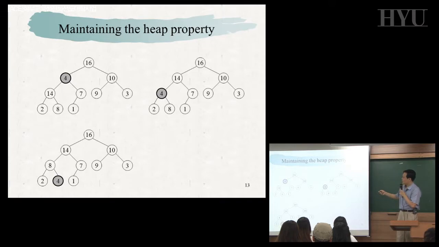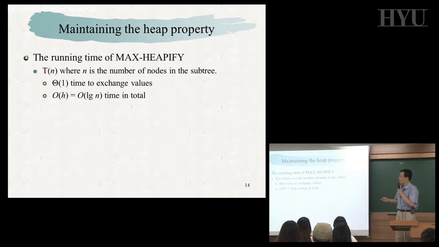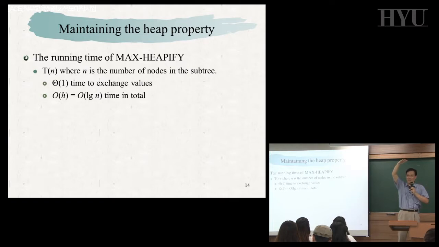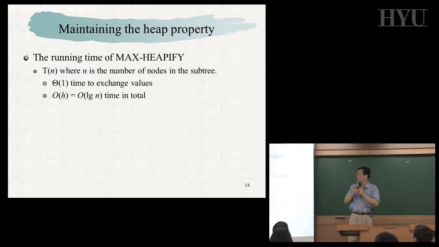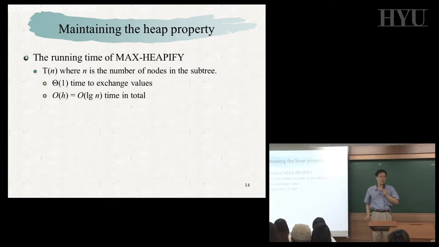Then it is the height of the input node. So it may float down to the bottom. So the running time is big O of h. H is the height of the node. In the worst case, the height can be the height of the heap. So it is big O of log n.